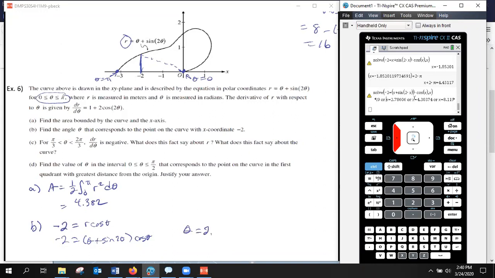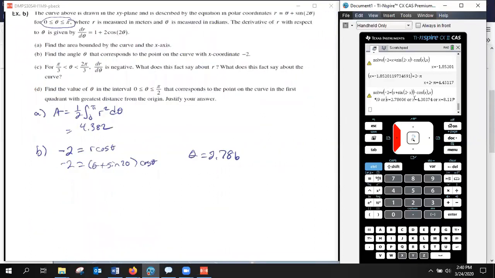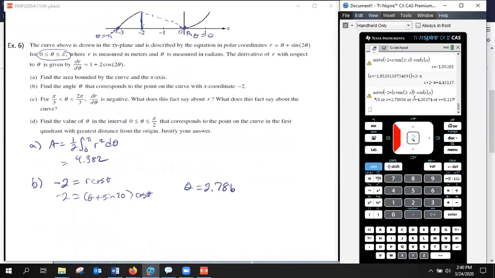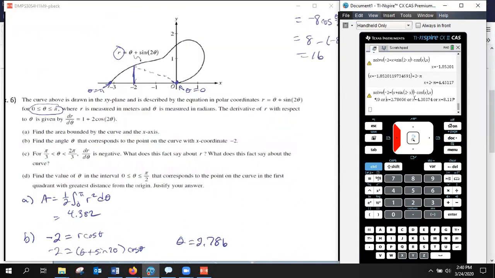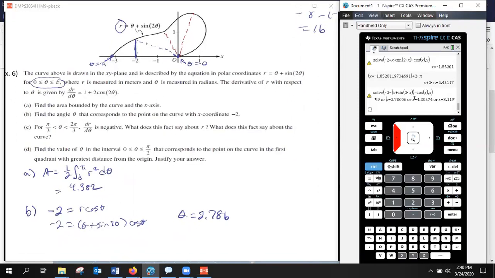Theta equals 2.786. For part C, we are told that dr/d theta is negative. What does it say about r? From pi over 3 to pi over 3, we are told that dr/d theta is negative. What does it say about the curve?